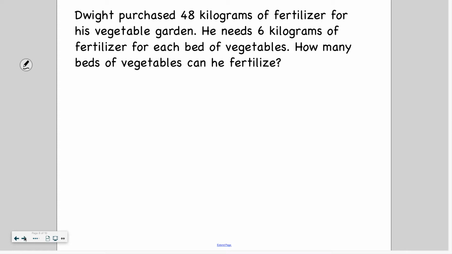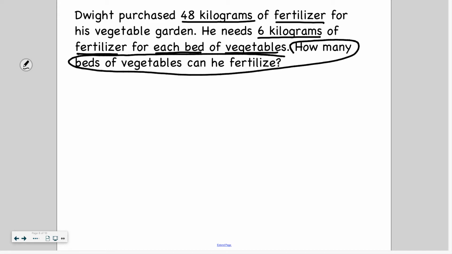So I'm going to solve this first word problem. Dwight purchased 48 kilograms of fertilizer for his vegetable garden. He needs 6 kilograms of fertilizer for each bed of vegetables. How many beds of vegetables can he fertilize? So I'm going to draw a tape diagram.